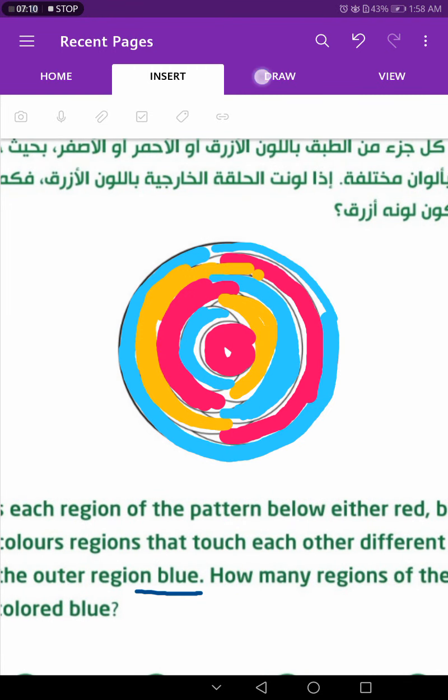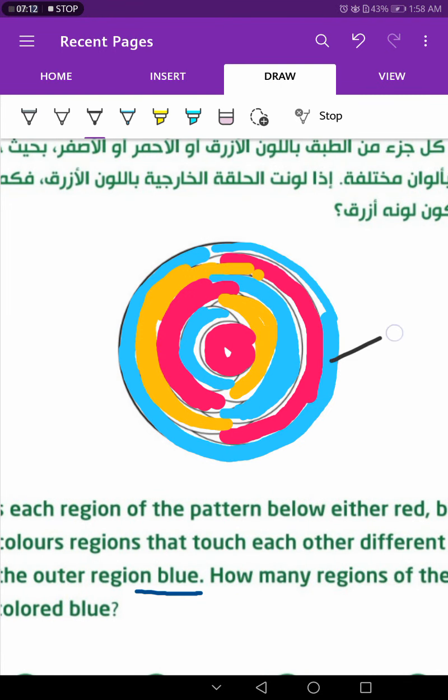I start with the blue one, then the red, then yellow, red, then yellow, then blue, then yellow, red, blue, red.